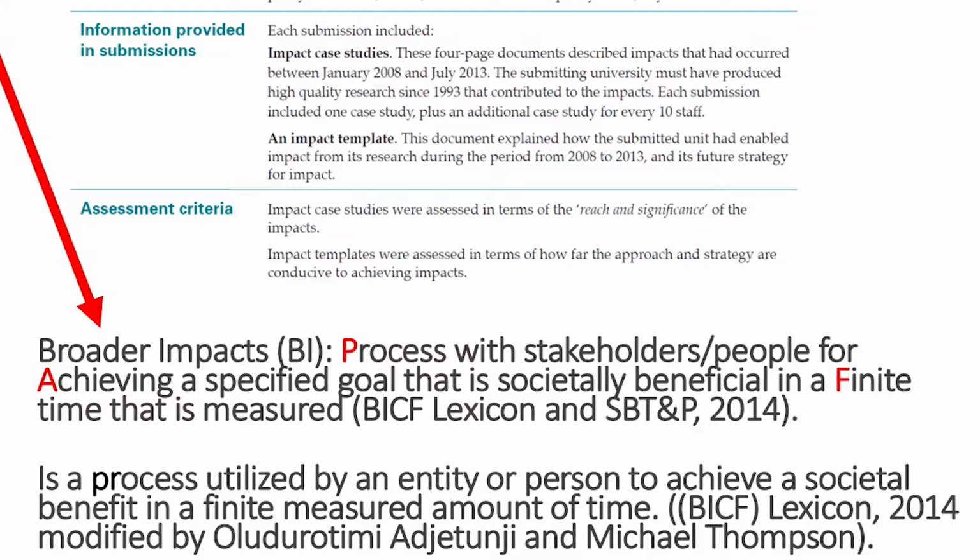So when we begin to say, okay, how does that compare with our NSF criteria definition, you have to realize outcomes has a finite time function. So outcomes, you can define as dealing with benefit, and it's a finite time function. Outcomes also have to be measured. So that's where you begin to see how those two things come together.